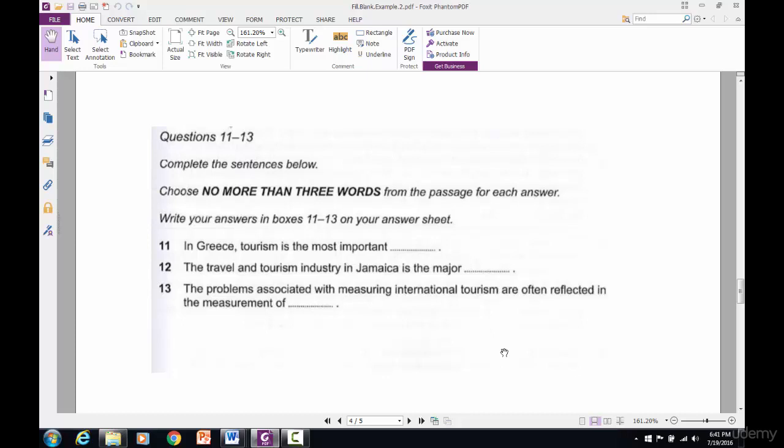For the sentence with Jamaica, we're looking for the words connected to major. Then for number 13, the keywords are the word problem for sure, and also international tourism. Our answer will be connected to measurement of. All right, but first let's find number 11 and 12.